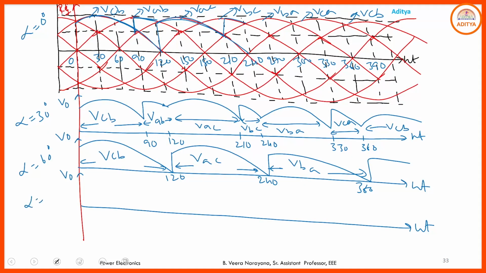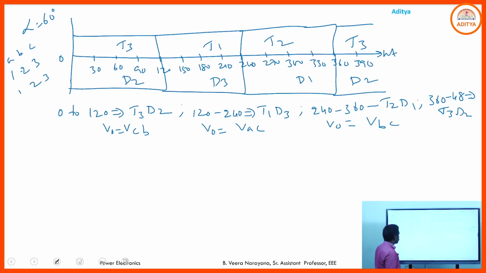And if you go with the output voltage waveform for alpha equal to 90, what do you observe here? For alpha equal to 90, just draw the timing diagram.